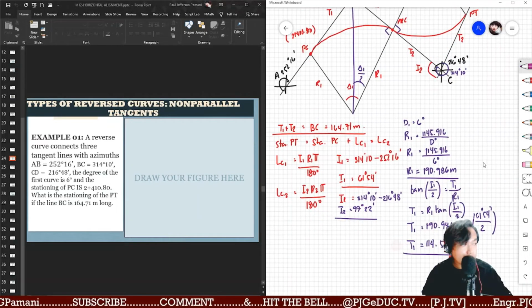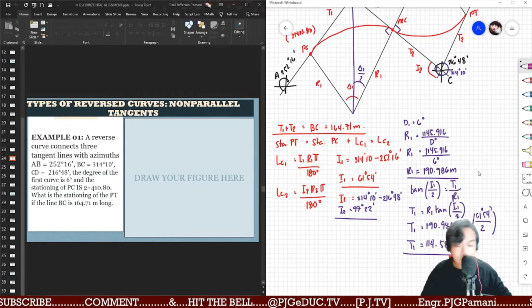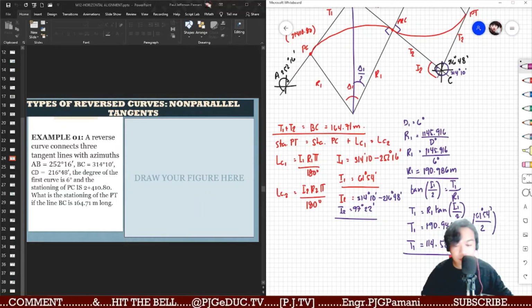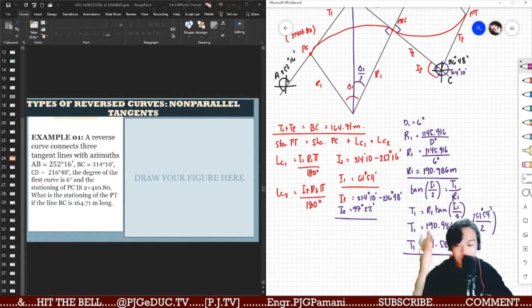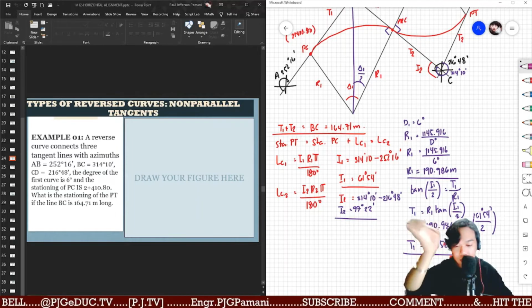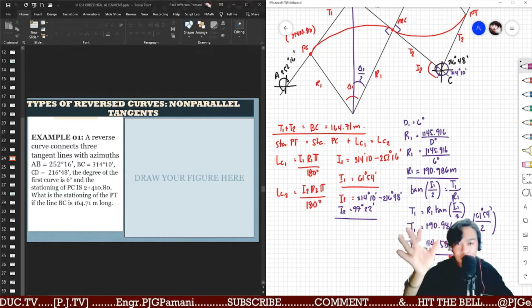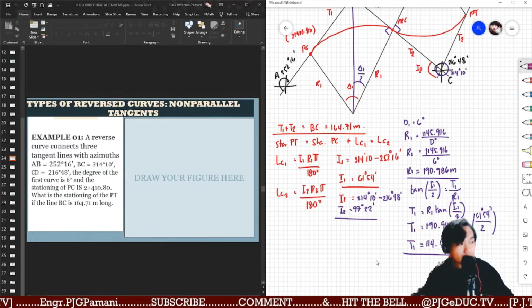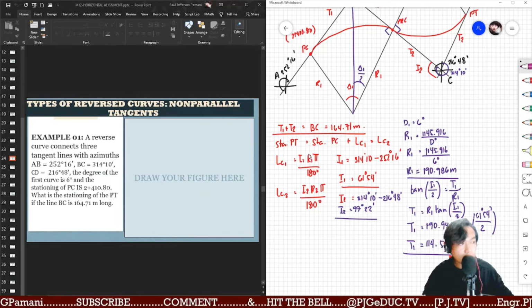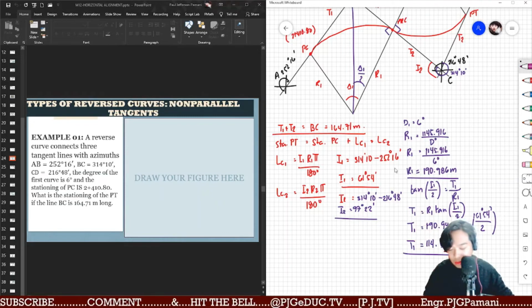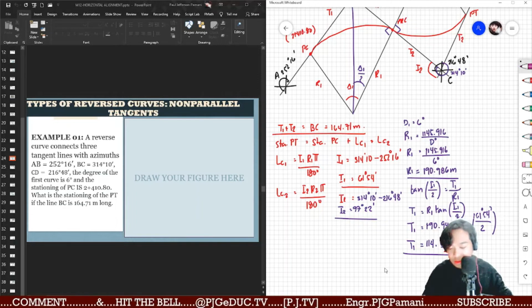Did you get where T1 came from? Hello? Now, we have T1. We have the common tangent. So basically, we can then solve for T2.